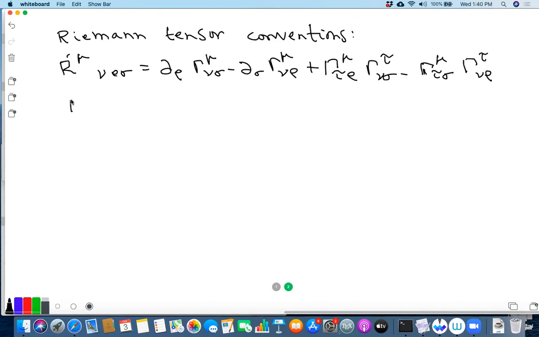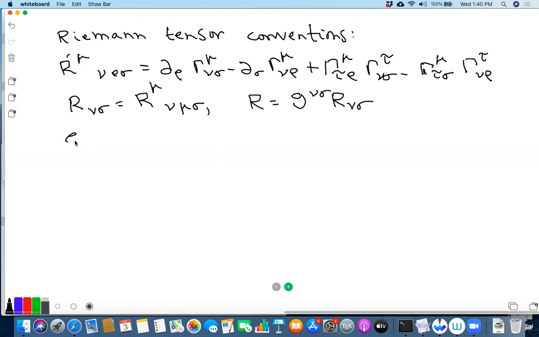The Ricci tensor R nu sigma will be the contraction of the indices mu and rho, so R mu nu sigma with mu and rho contracted. The scalar curvature will be g nu sigma R nu sigma.